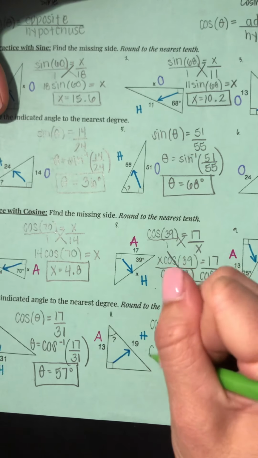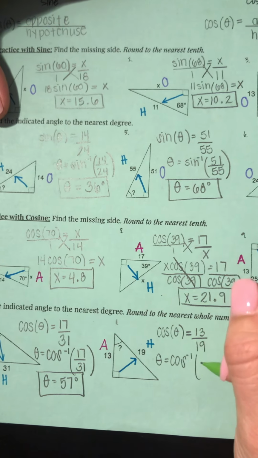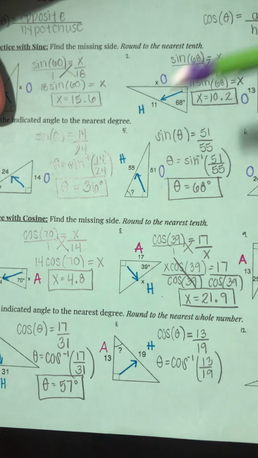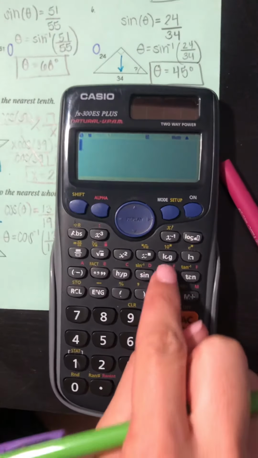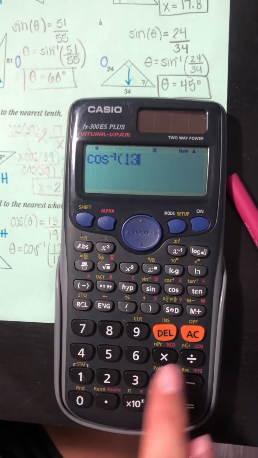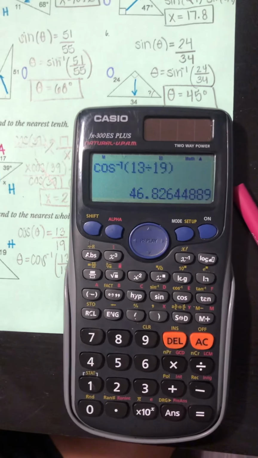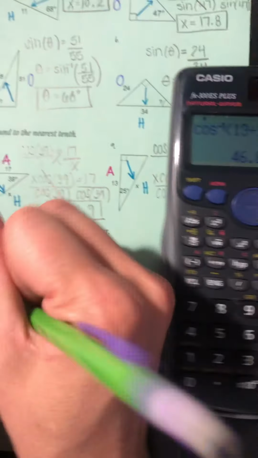So same thing, do the opposite of cosine, which is the inverse. And press shift, cosine, 13 divided by 19. So our answer would be about 47.